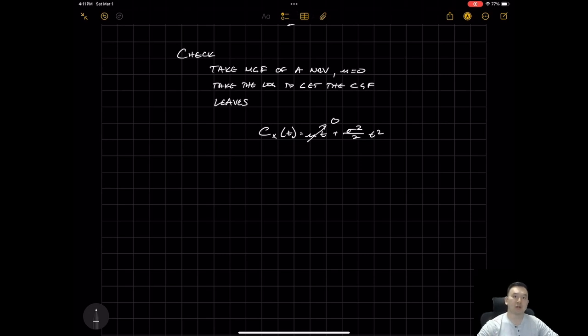Alternatively, recall the closure under linear combinations of normal random variables, which states that the sum of normal random variables is itself a normal distribution.